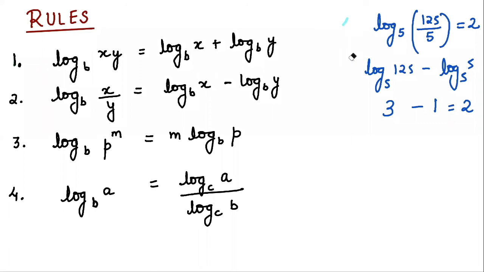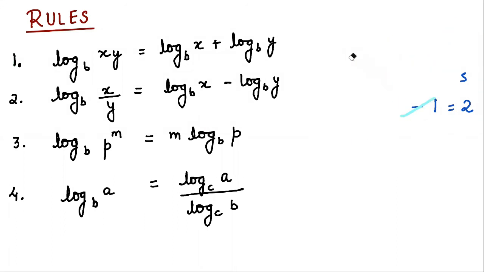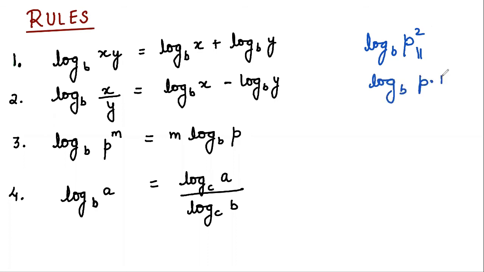Right? Then the next rule that we have is log p raised to power m with base b is going to be m log p to the base b. Let's understand this with a small example. Let's say you have log b p square. Now this p square can be written as p into p.